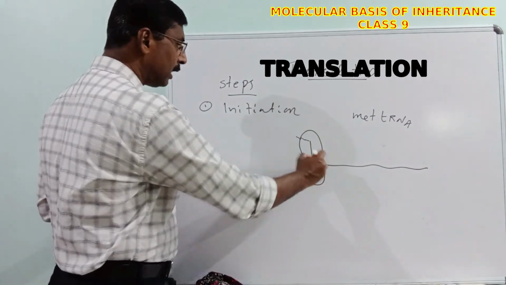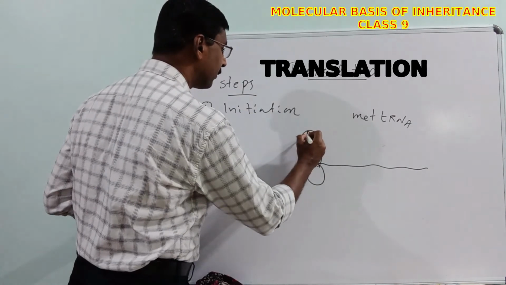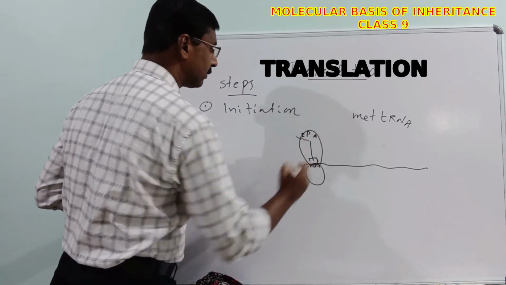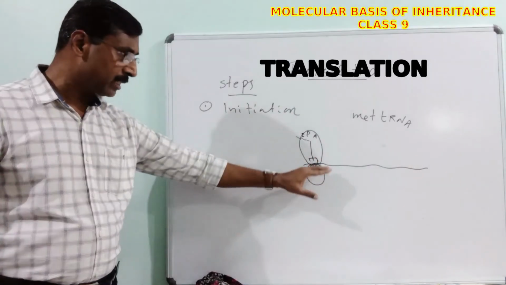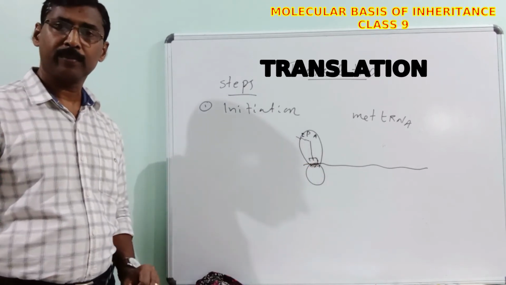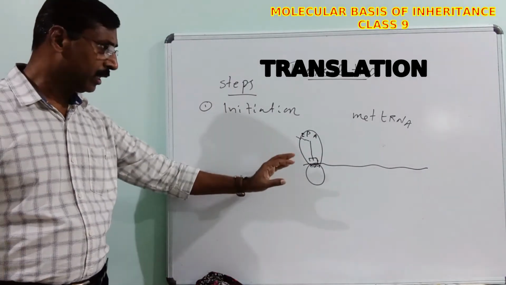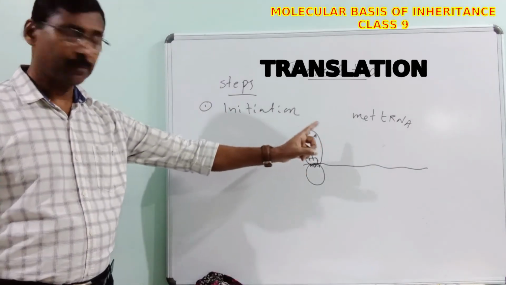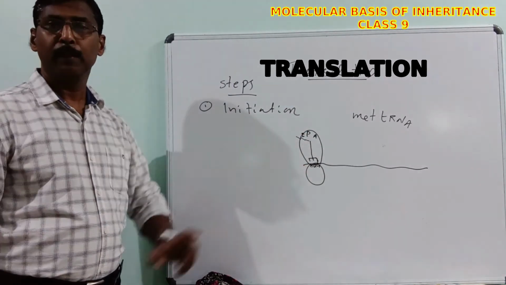And I told you, the larger subunit has two sites on it, the P site and the A site. The larger subunit gets attached with the smaller subunit in such a way that the first transfer RNA with the methionine fits into the P site.